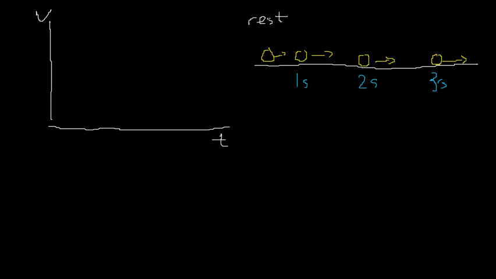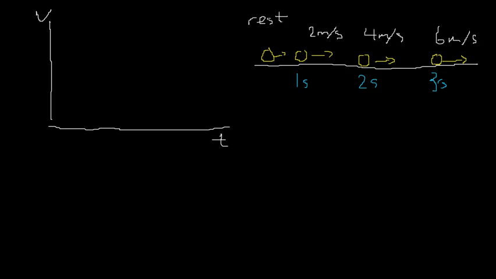So suppose that after 1 second its speed has increased to, let's just make a simple number, 2 meters per second. And after another second, it increases to 4 meters per second, after another second to 6 meters per second.